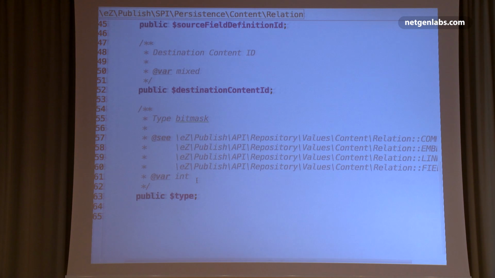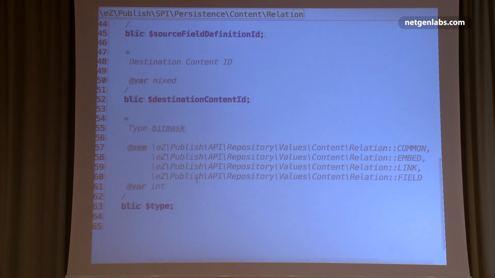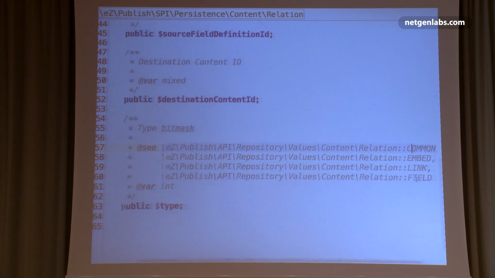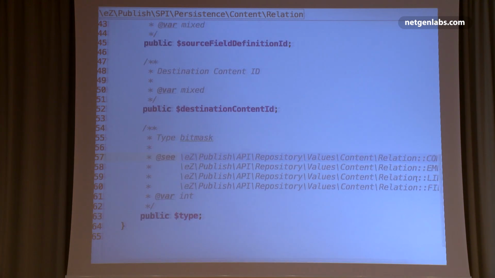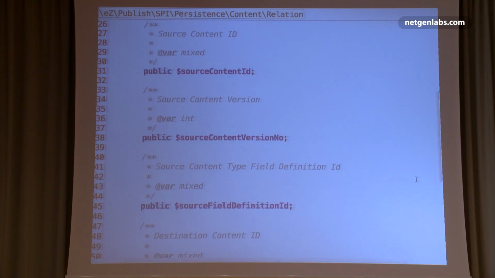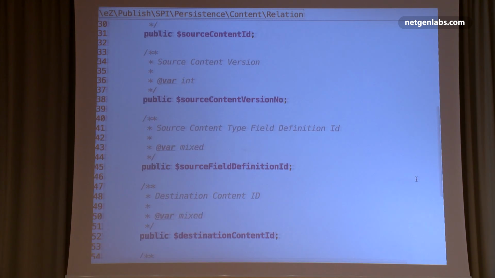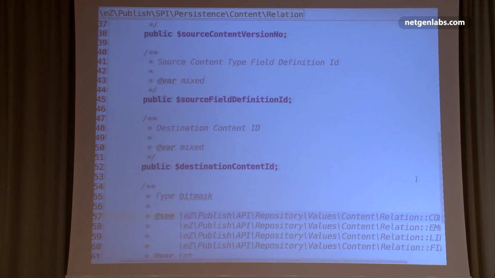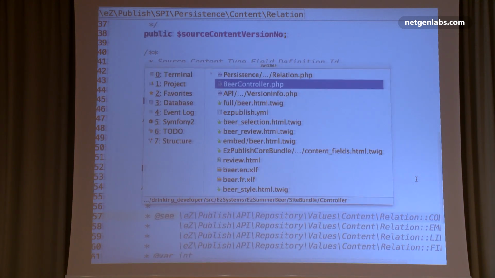Aha. What kind of type can we expect? Common, embed, link, field. Okay, sounds fair. So we are looking for a field relation type. And that should be sufficient. That's it.